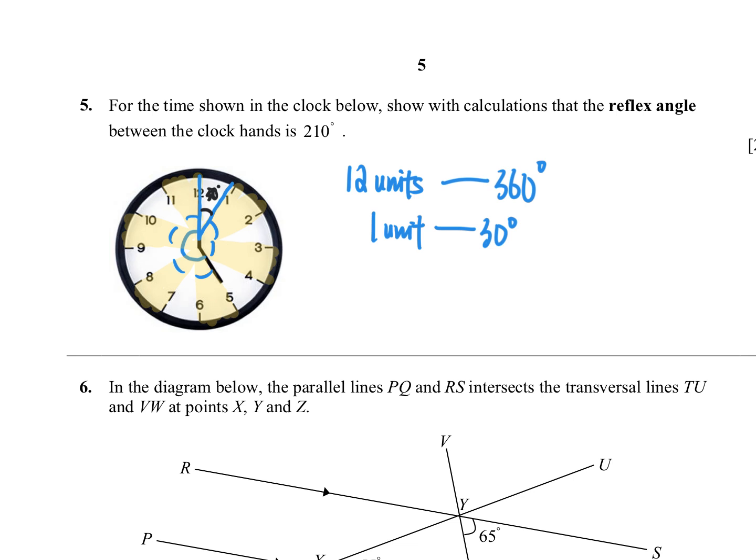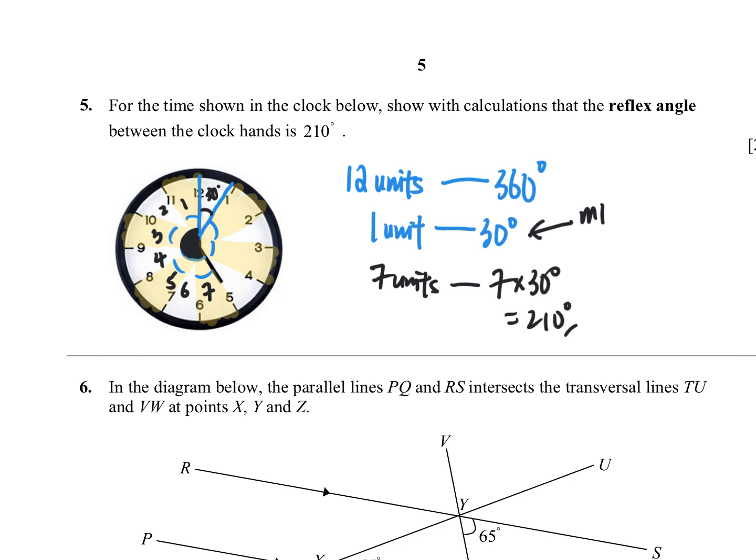So the moment I see in your working that you know that 1 unit is 30 degree, you get 1 mark first. The next part is to show me that 1, 2, 3, 4, 5, 6, 7, the reflex angle is 7 units. So you just find 7 units. Then you get 210. So this is what they want you to show.